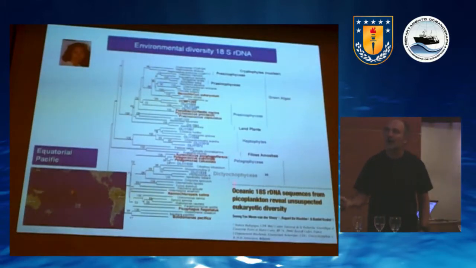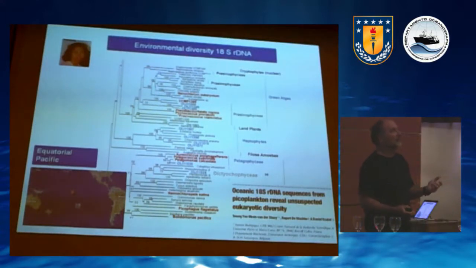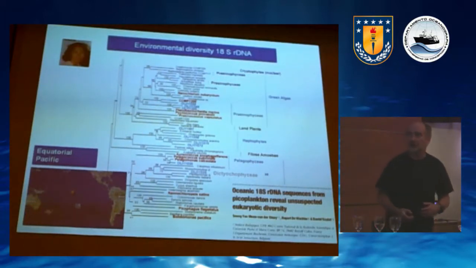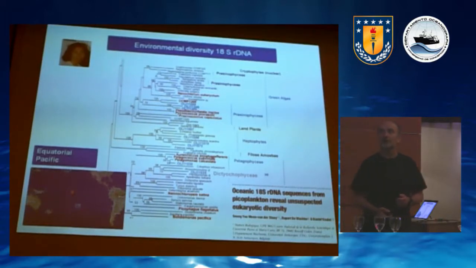We applied this approach the first time in the equatorial Pacific. It was about 10 years after Steve Giovannoni made his landmark paper in Nature, where he had found that a very large fraction of the bacteria corresponded to non-cultured bacteria, not non-cultivable, but non-cultured bacteria.